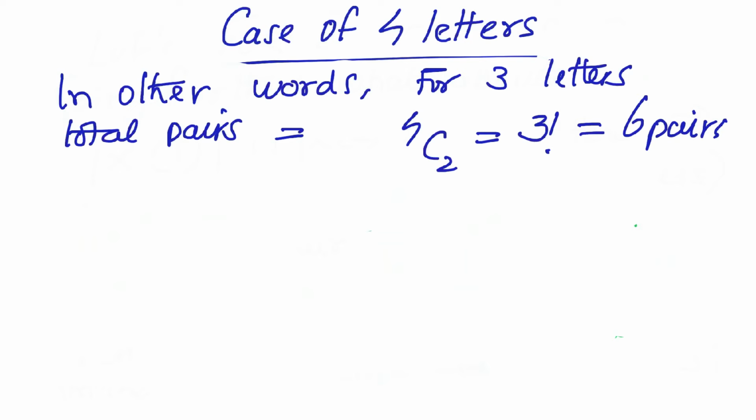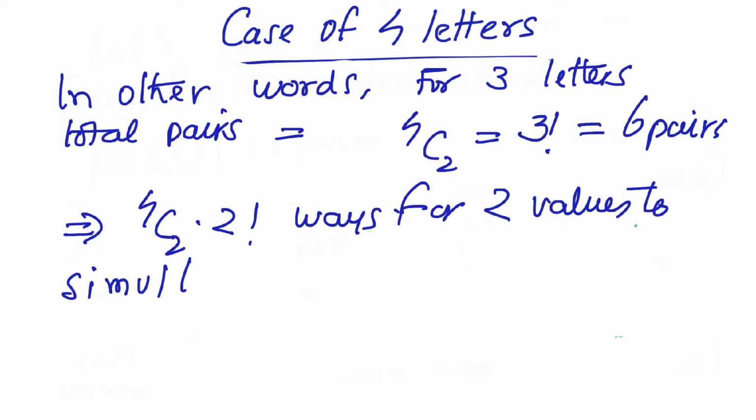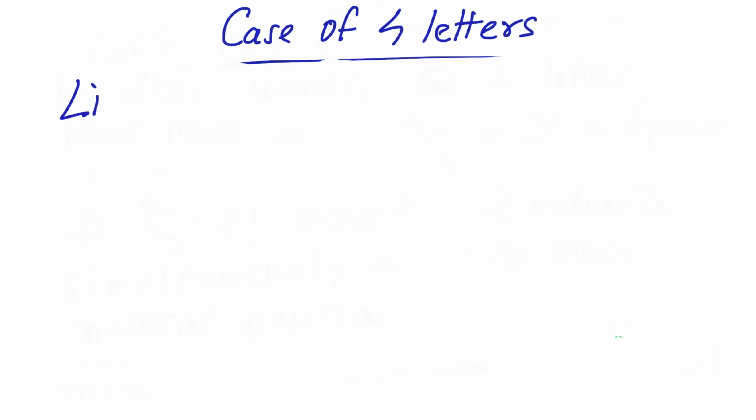So there will be 6 pairs, which implies that there are 4C2 times 2 factorial ways for 2 values to simultaneously occur in their natural positions, or to put it in the way in which we are doing the problem now, that many ways to place the letters in their intended envelopes.